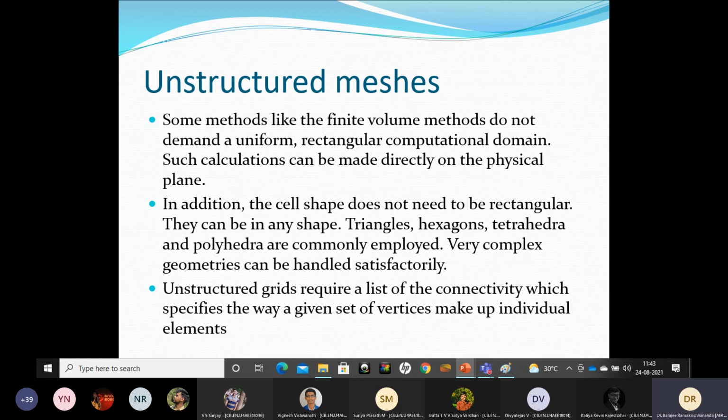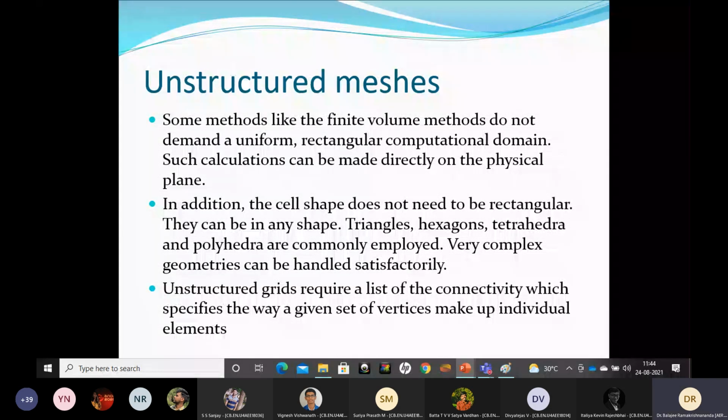You can use a computational plane and a physical plane, but these finite volume methods especially, the method is designed in such a way that you don't need that computational plane. You can do everything in the physical plane, and the cell shape also need not be rectangular.